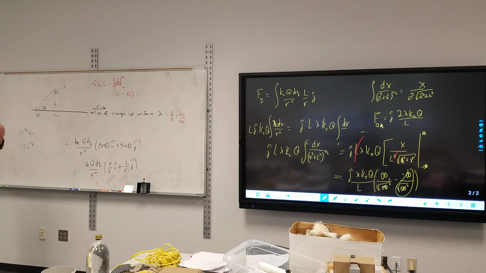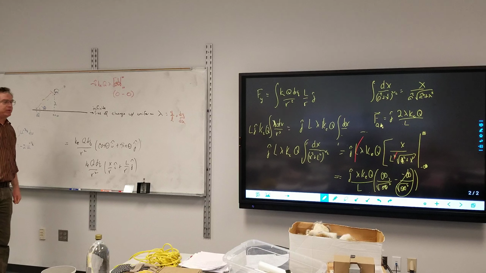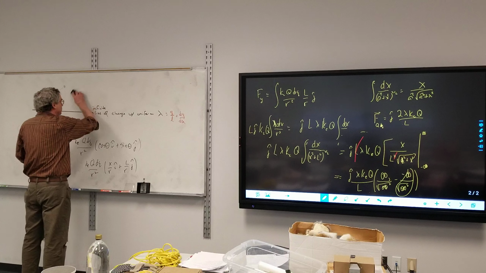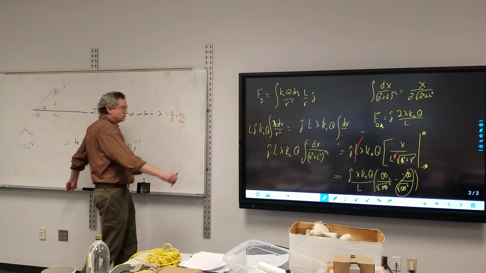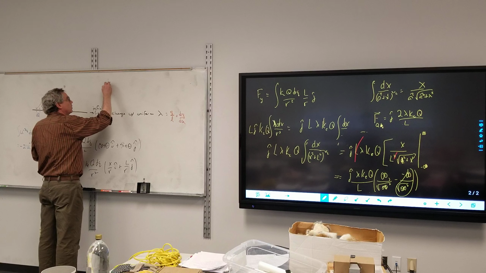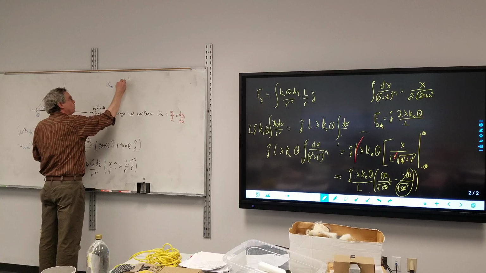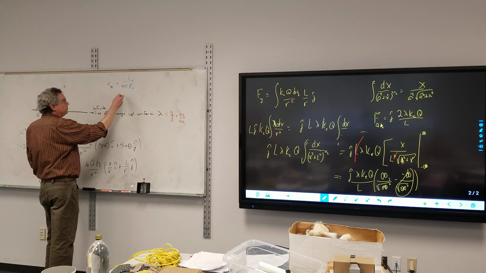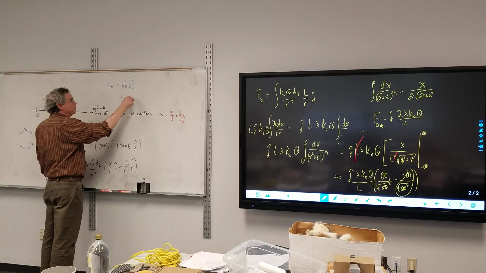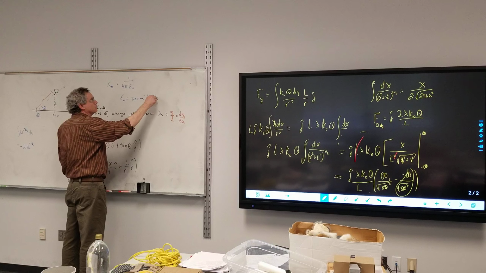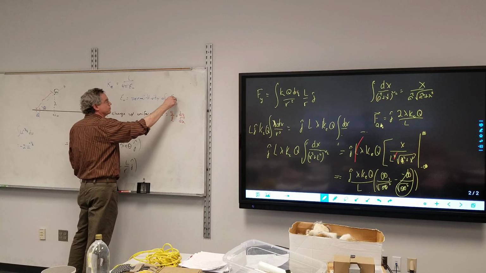All right. Now, if you look that formula up, that's probably not the way it's going to be presented. So let me introduce another constant to you. The electrostatic constant, k sub e, is equal to 1 over 4 pi epsilon sub 0, where epsilon sub 0 is known as the permittivity of free space.